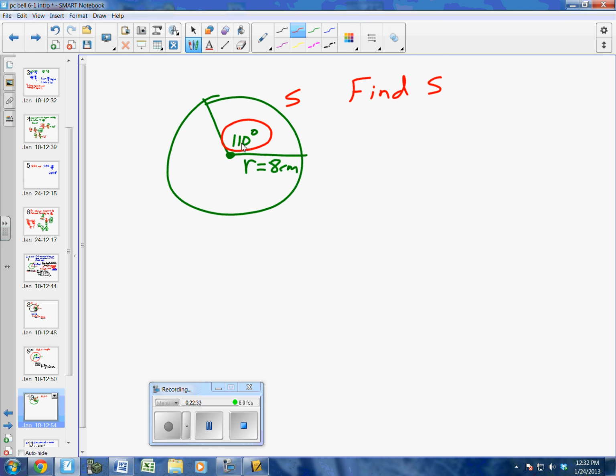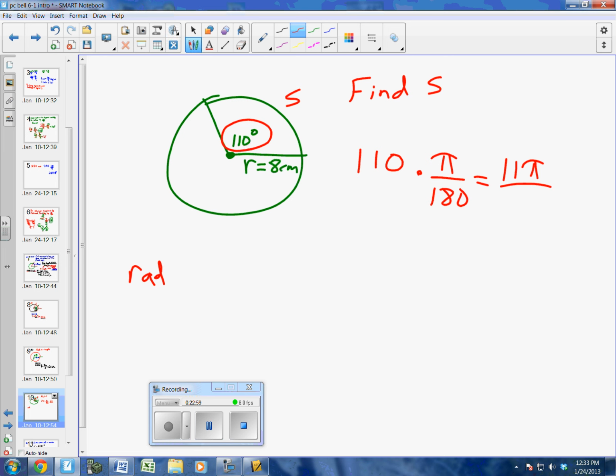What do you have to measure the angle in? The only symbol we use for radians is... there's no little circle like for degrees. Okay? All right, so you had to change. You had to times 110 by pi over 180, didn't you?